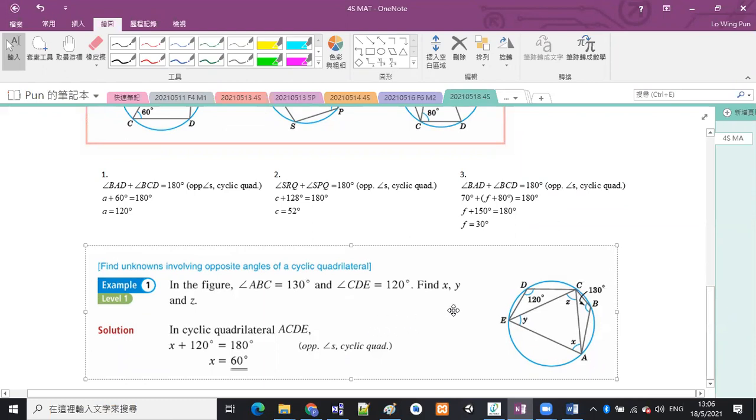Find X, Y, and Z. 好啦，我哋睇清楚係用緊邊一個 cyclic quad。你記住，ABCDE is not a cyclic quad because it is not a quadrilateral.